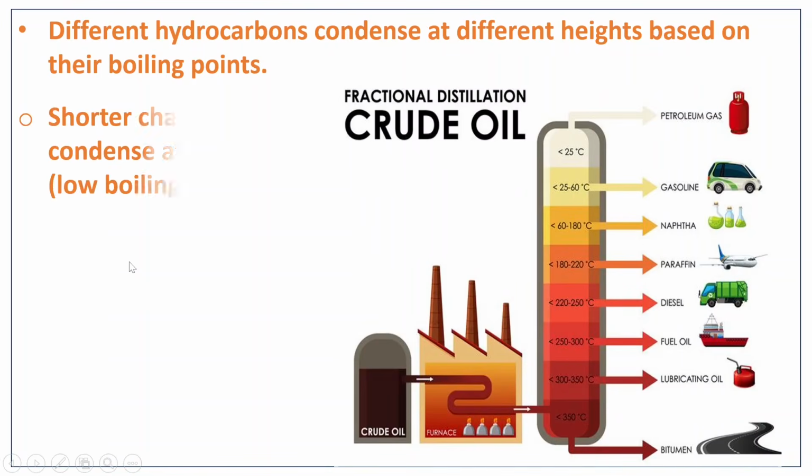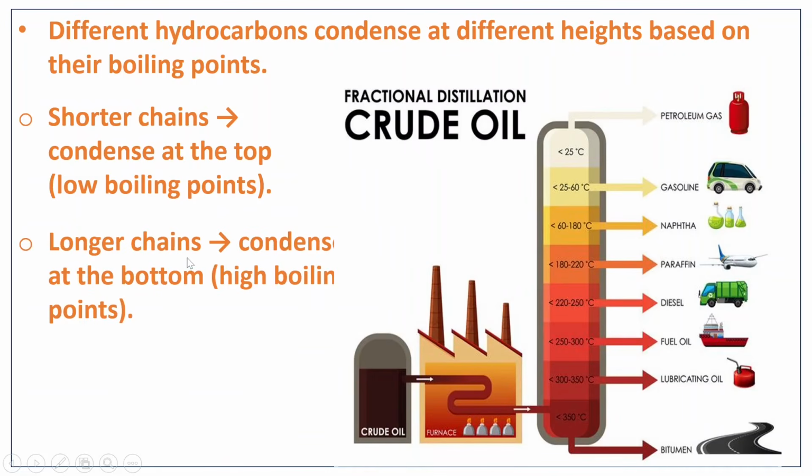So here we understand that shorter chains condense at the top. Those with low boiling points will condense at the top there. Okay. Then longer chains condense at the bottom, high boiling points. Those with high boiling points will condense at the bottom here.